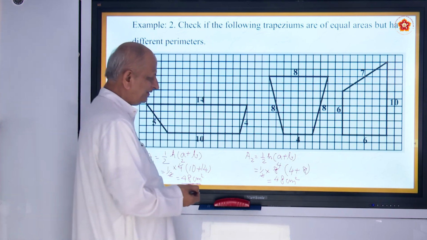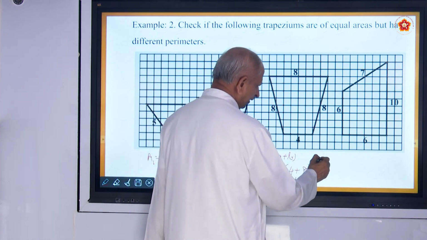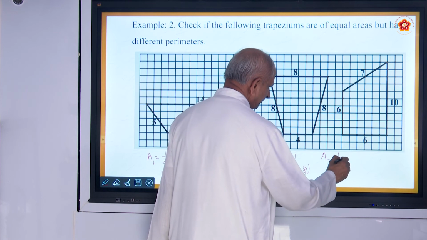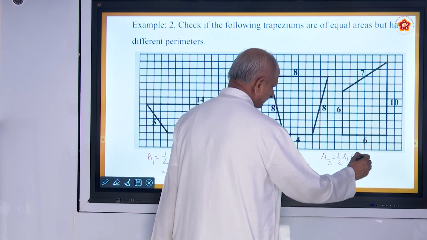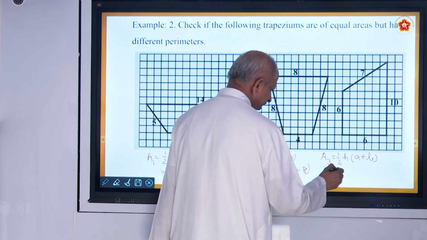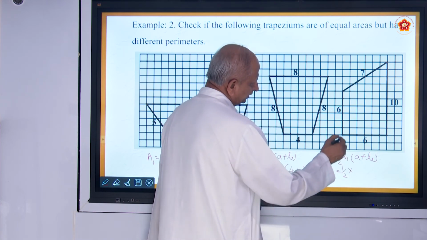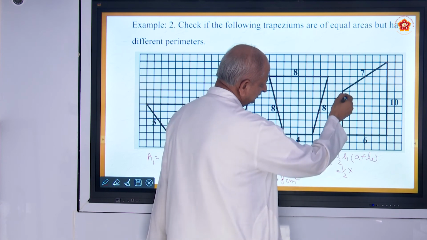Very interesting, right? Let me try one more. Third, again half of H into A plus B, half of, what is height? We must know what are the parallel sides.